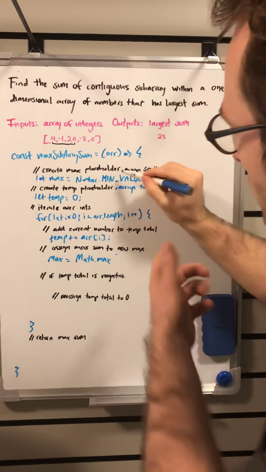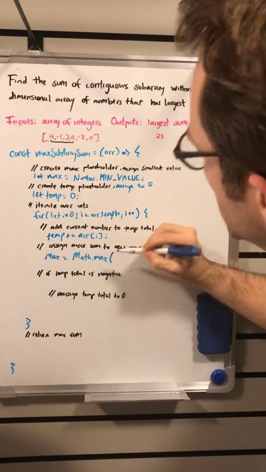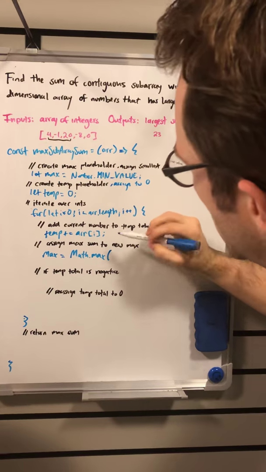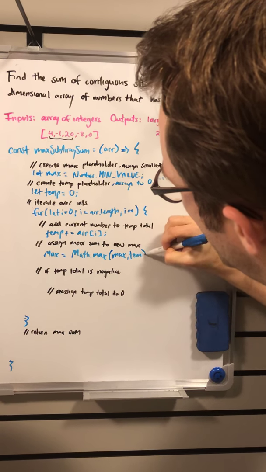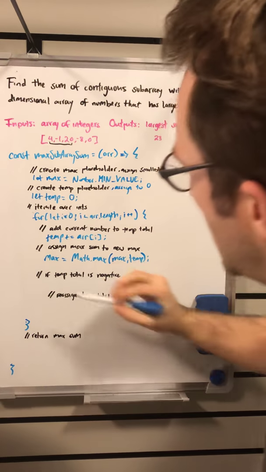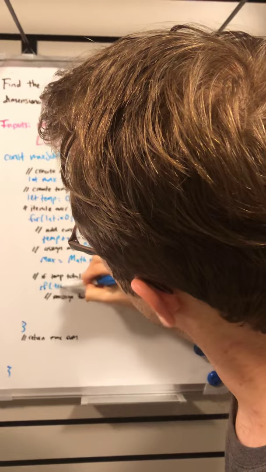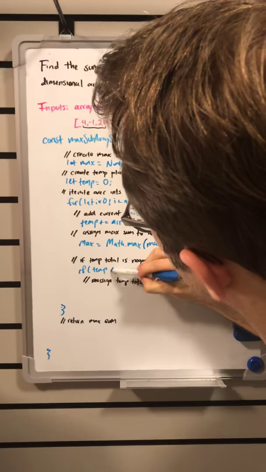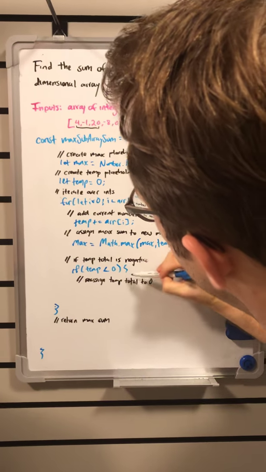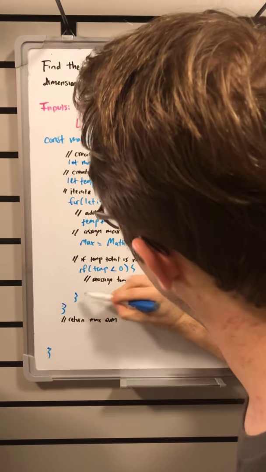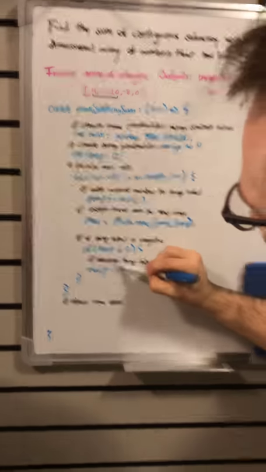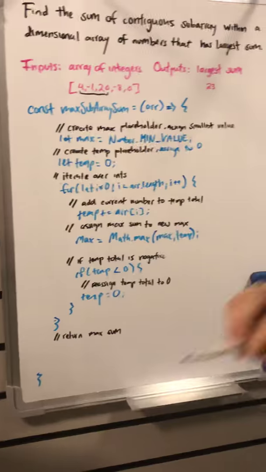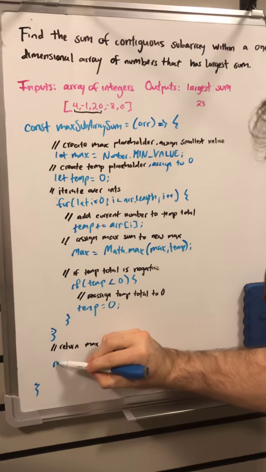By starting at the minimum possible value, it's safe to say we're not going to get the minimum possible value in here. So we'll pass in max and temp. And then if this temp is actually a negative number, less than 0, then we want to reassign our temp to be 0.